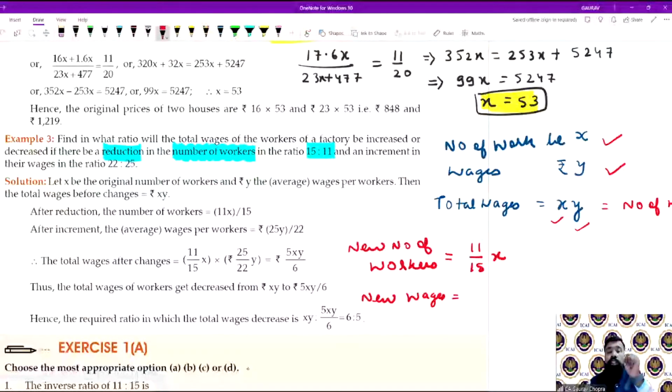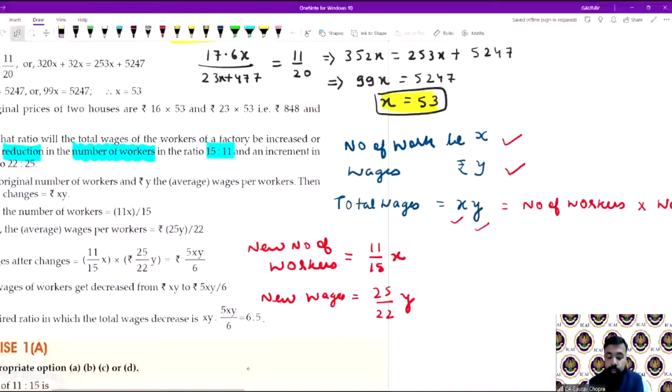Similarly, new wages. So what is the new wages? 25. Earlier it was 22 in terms of y. So if we multiply them again, we get the total wages. So total wages will be 11 by 15x multiplied by 25 by 22y.